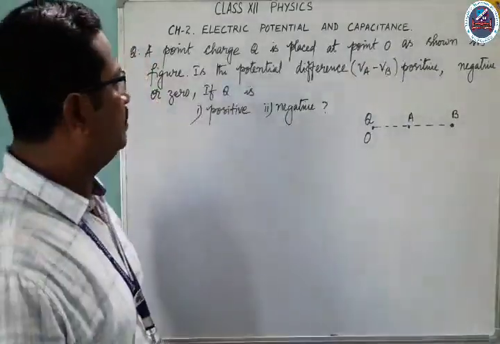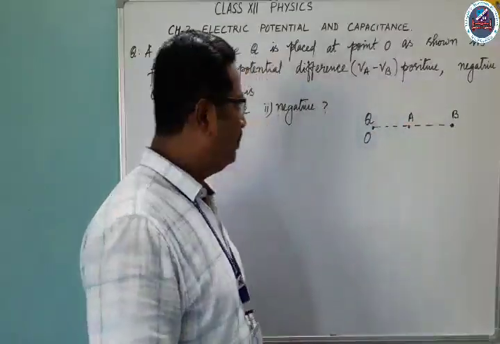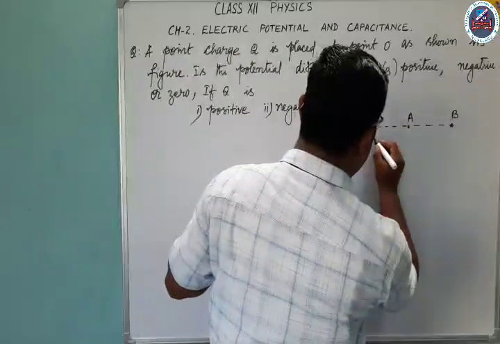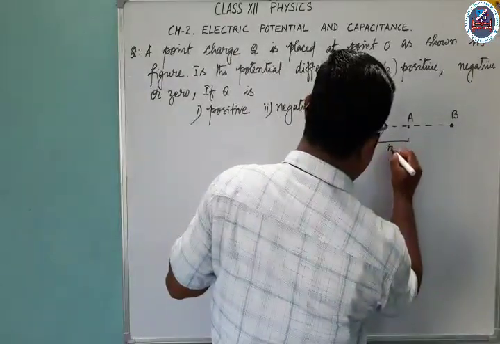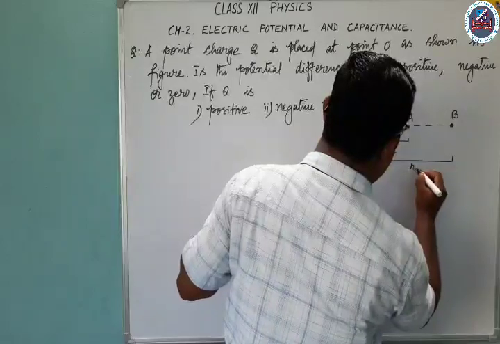So let us first find out this potential difference VA minus VB. Let this distance be RA, and from here the distance is RB.